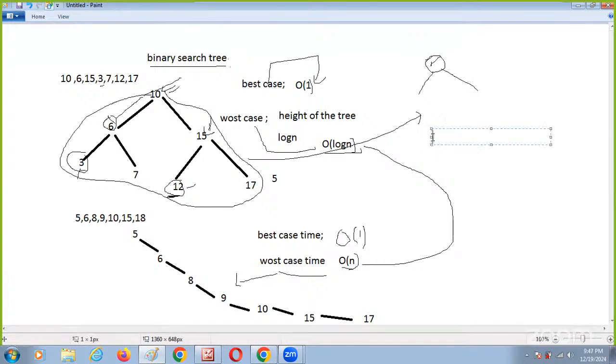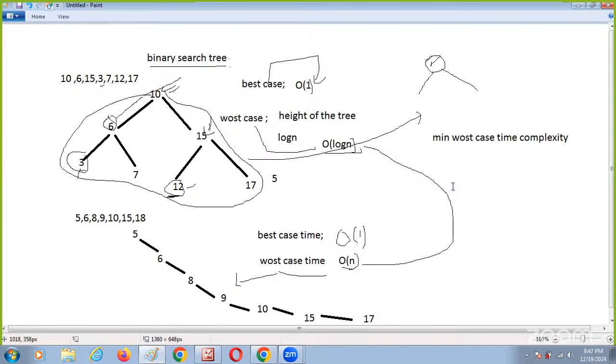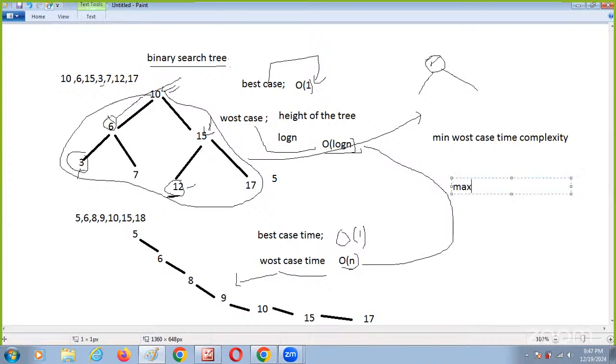The minimum worst case time complexity, as well as the maximum worst case time complexity. This is very important for the GATE exam.